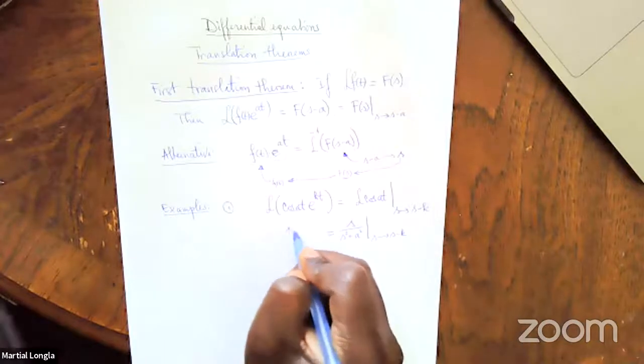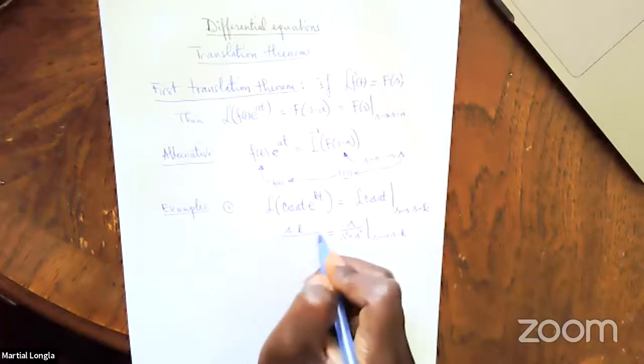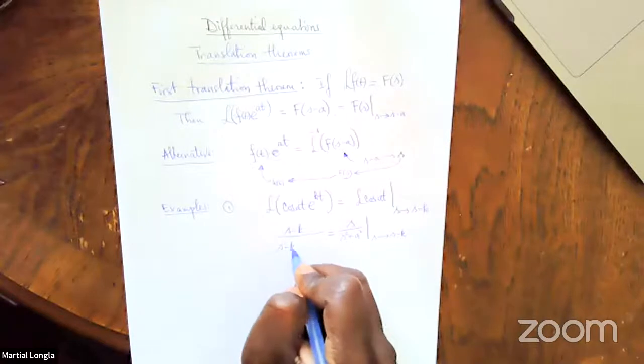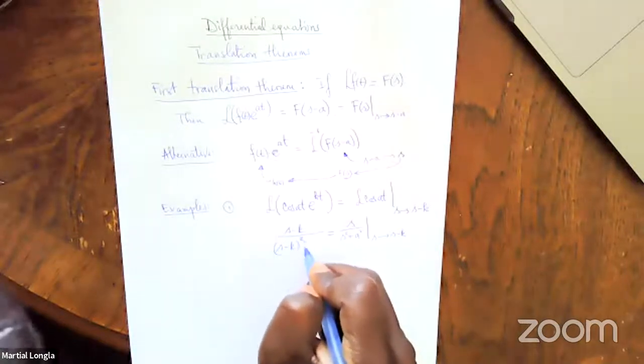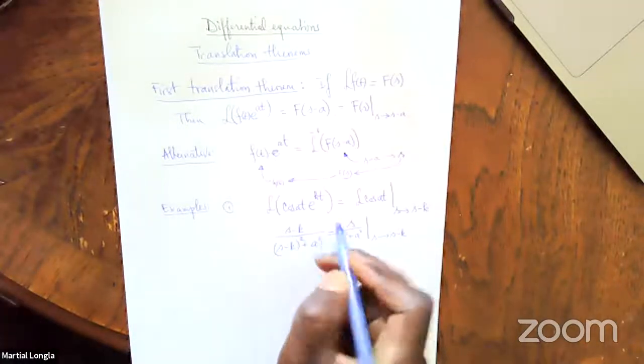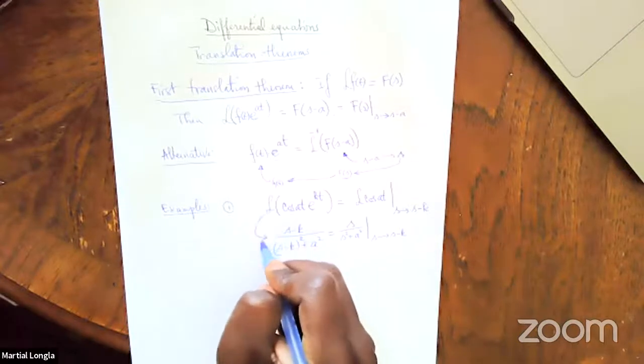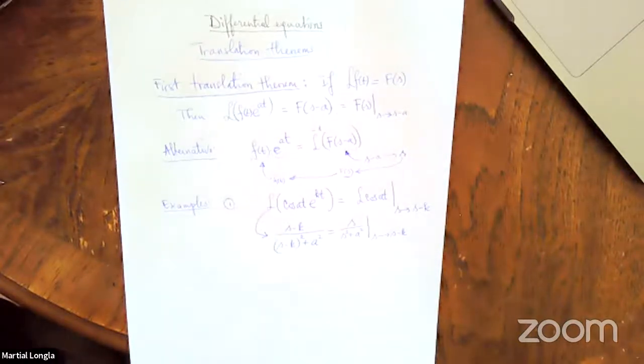So that becomes s minus k over s minus k squared plus a squared. So this is the Laplace transform of cosine at e to the kt using the first translation theorem. Any question?